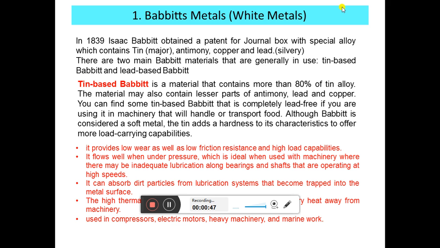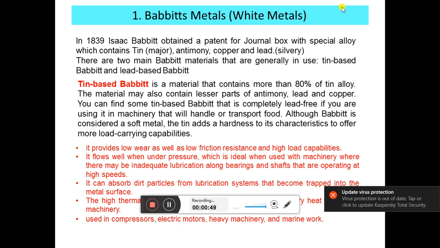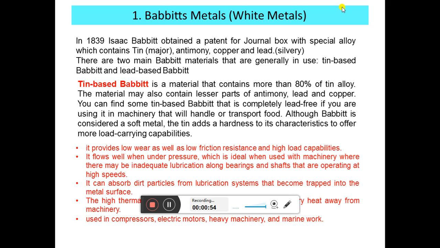Then why is the name babbitt metals? In 1839, Sir Isaac Babbitt obtained a patent.